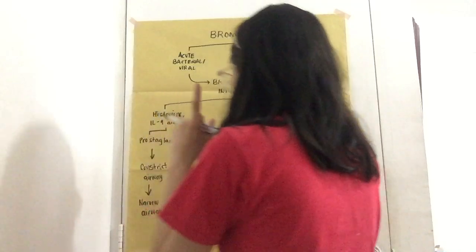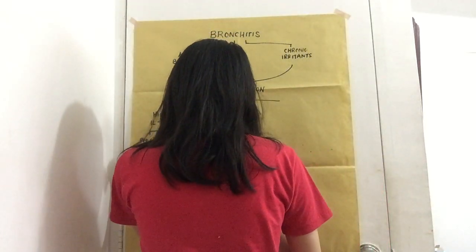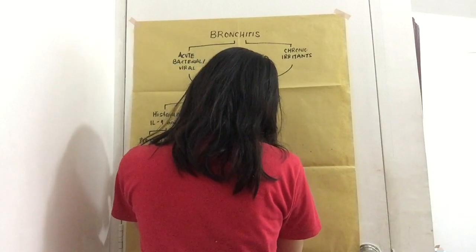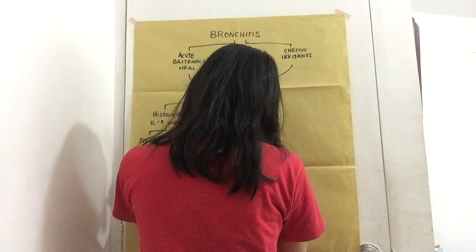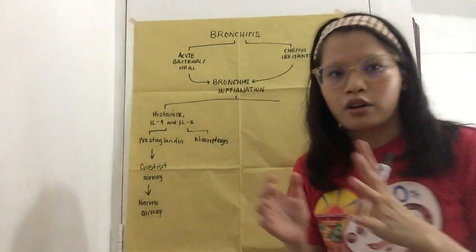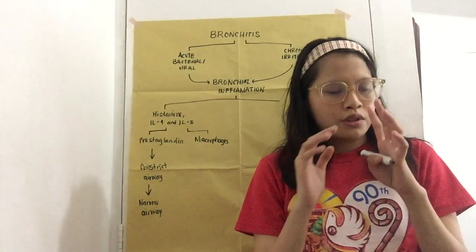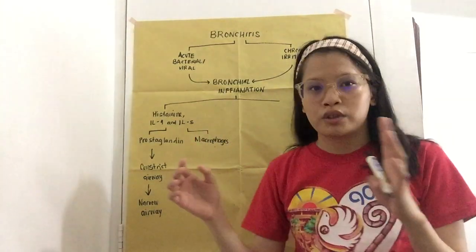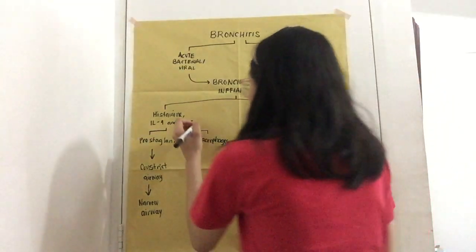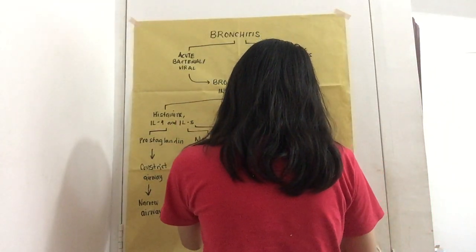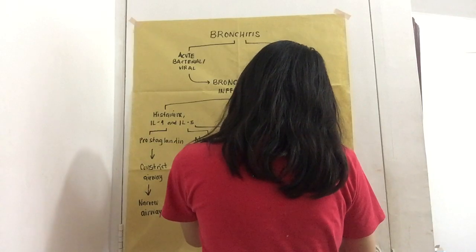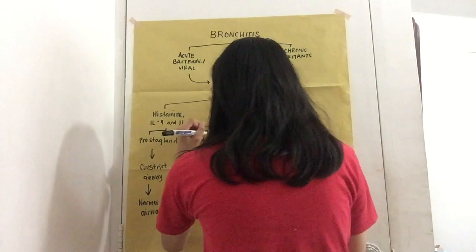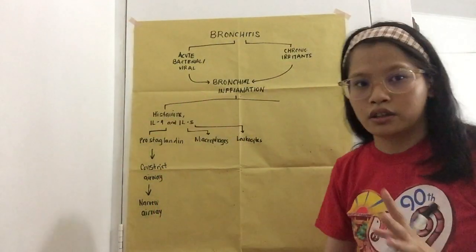And then after prostaglandin, the next is the macrophages. Our macrophages are part of our immune system. Macrophages work with our leukocytes. Leukocytes are white blood cells, which kill any viral or bacterial infection.